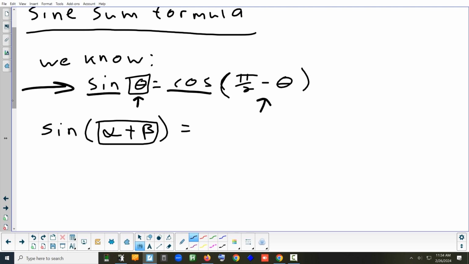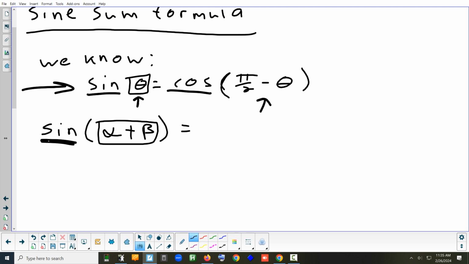The thing is, we only have formulas right now for cosine. We have the cosine sum and the cosine difference. So somehow we have to get rid of sine because we don't know how to work with sine. I mean, we will after we figure out this formula. But for now, we've got to convert sine into cosine. And that's exactly what this top one does.